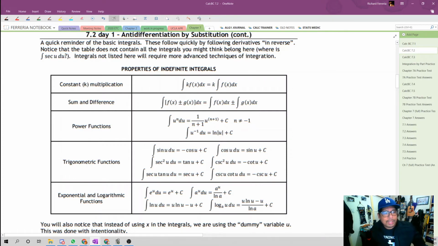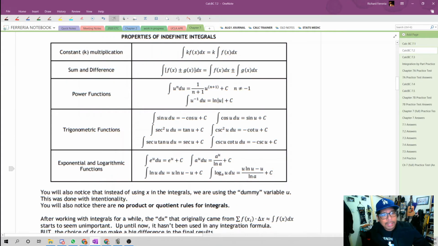One thing you might notice in all of these, starting over at power functions, is we're not taking the antiderivative with respect to x. Some of you probably noticed in the last section that we have u to the n power du and not x to the n power dx. And then down over here we have cosine of u and sine of u. That was done really on purpose. There's a reason for that.